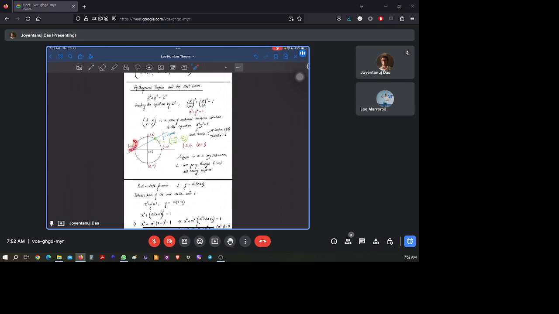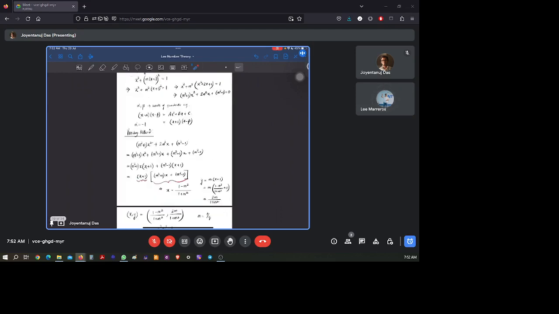So minus 1 comma 0 is a rational solution to the equation x square plus y square equals 1. And then we took a line that passes through minus 1 comma 0 with rational slope, and found all the rational points on the circle, right?